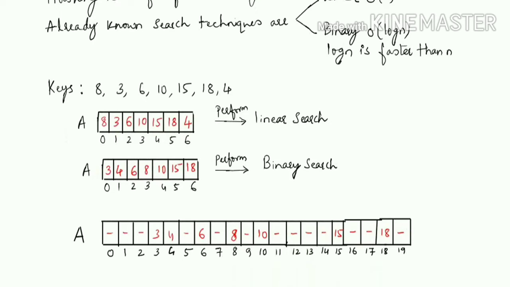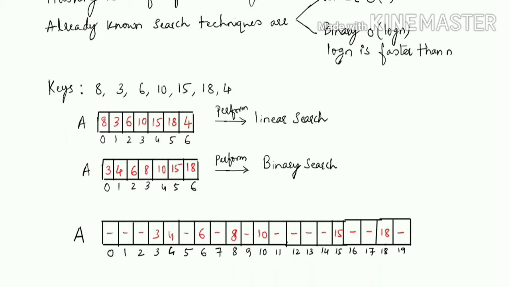In linear search you can observe that it is not in order, that is, it is not sorted, but in binary search it is sorted. So this is one drawback of binary search, that the elements must be sorted. You can see that it is in ascending order, whereas in linear search it is not.